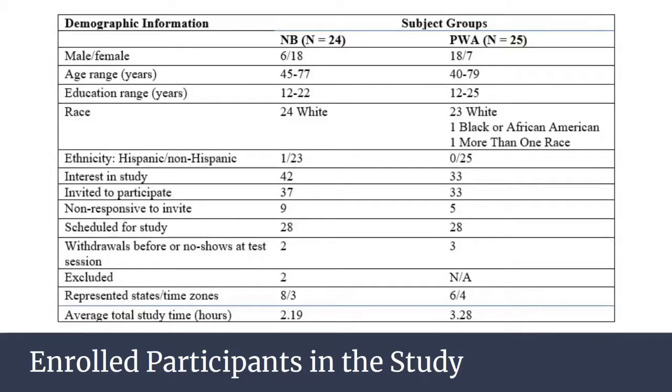They ranged in age from 40 to 79 years old, and we registered 18 males, 7 females. We did recruit nationally, and we were thrilled that of our 49 subjects, 18 states and 4 different time zones were represented, so that was an exciting development. And then going on to subject recruitment.